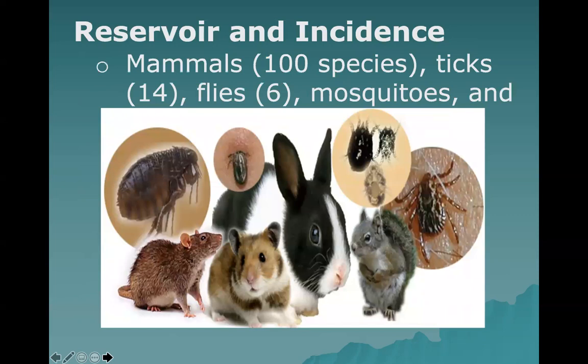So there are reservoir hosts that are involved, and there are 100 species of mammals that can be affected. There are ticks, flies, and mosquitoes that can also serve as sources or carriers of the Francisella organism.